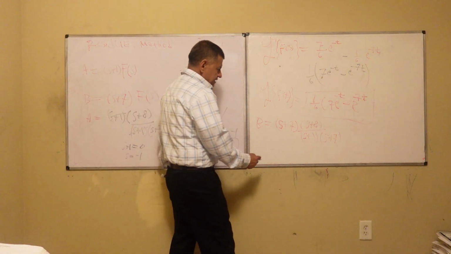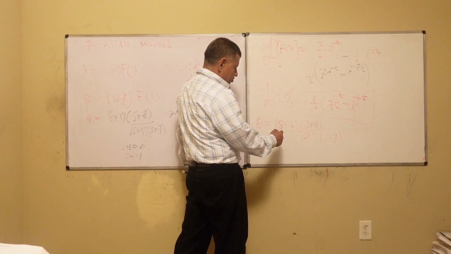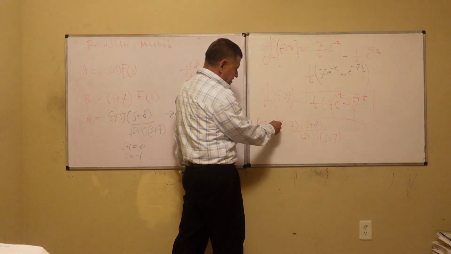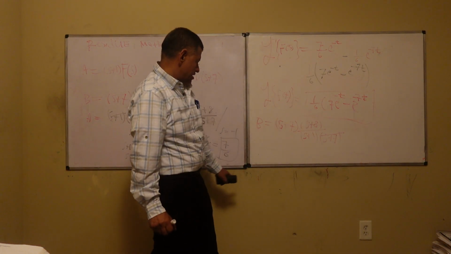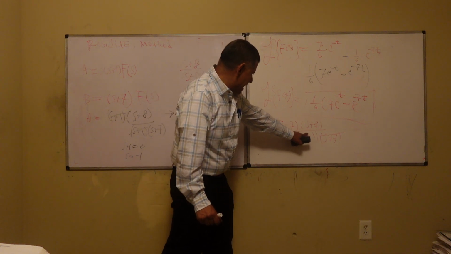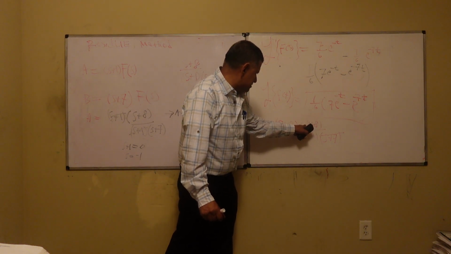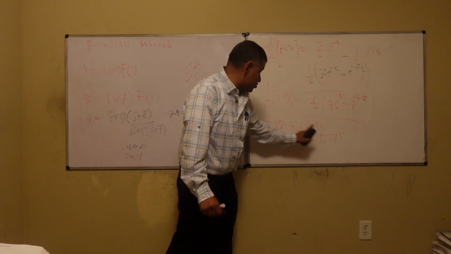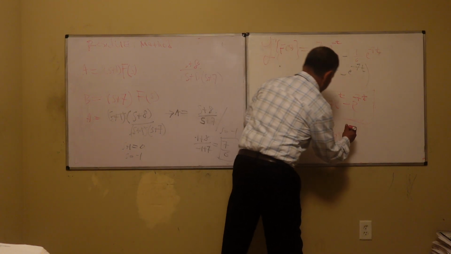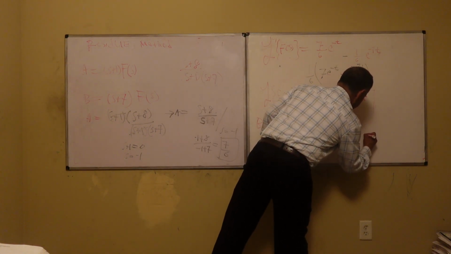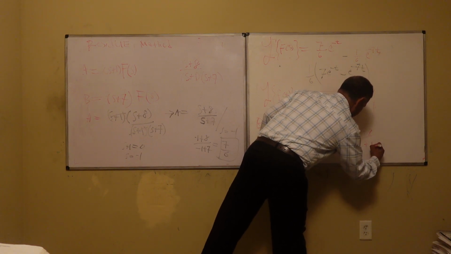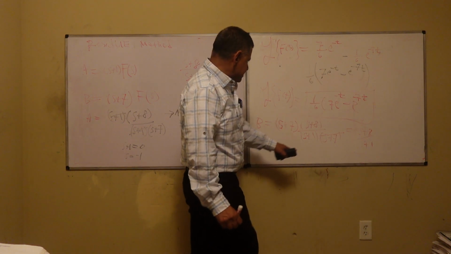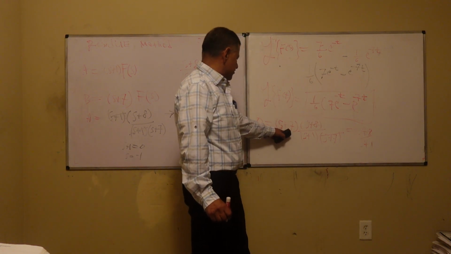Now notice that this S plus 7 with this is gone, right? What do I have? I have S plus 8 over S plus 1. Now in this case, what was my S over here?